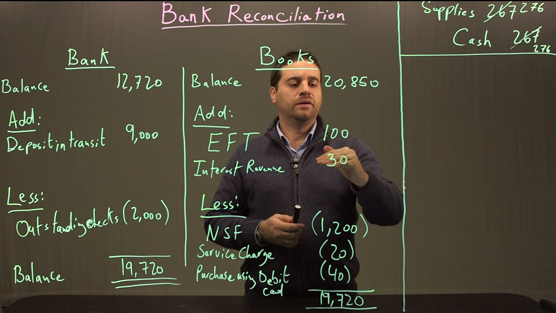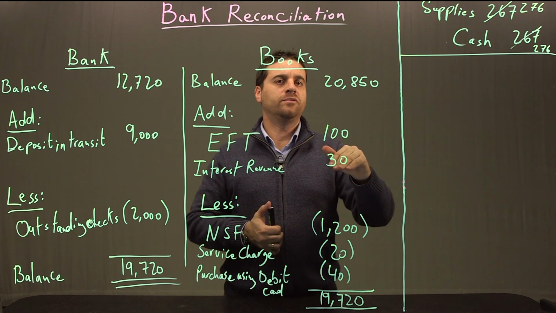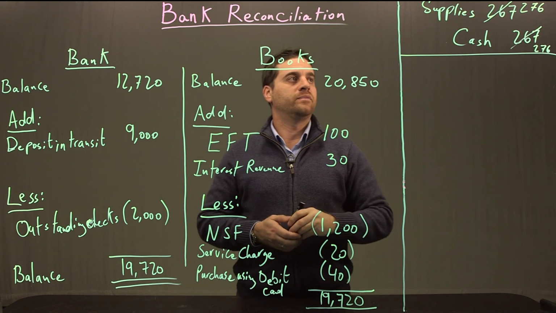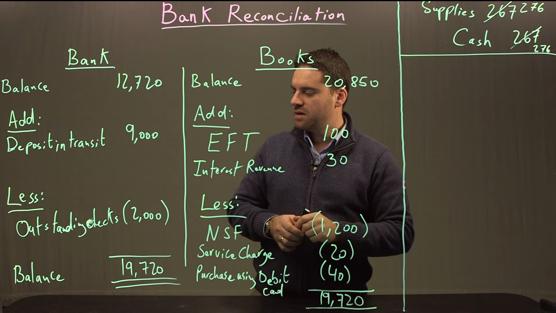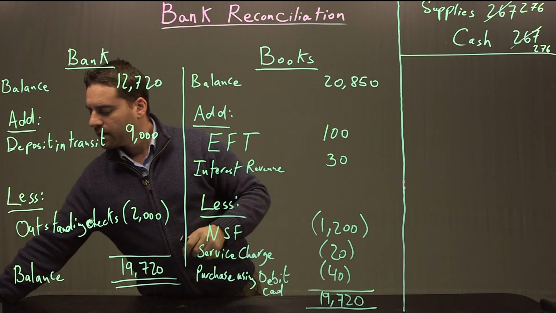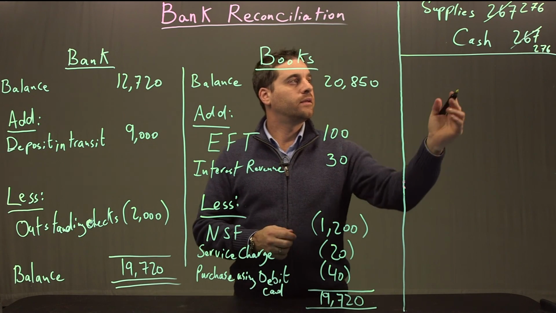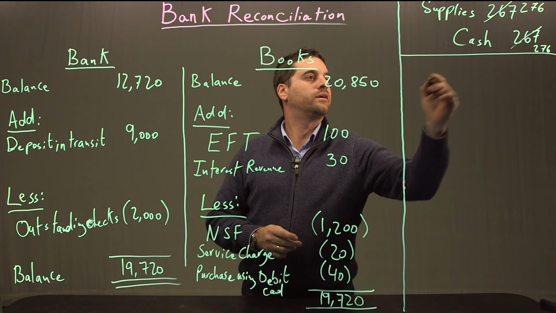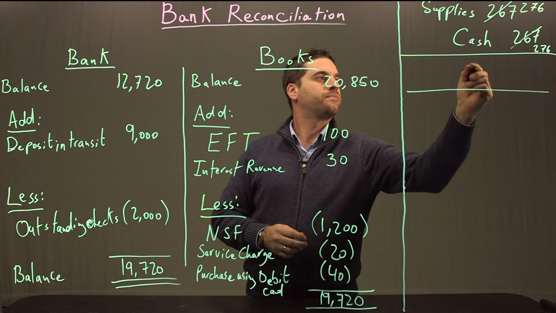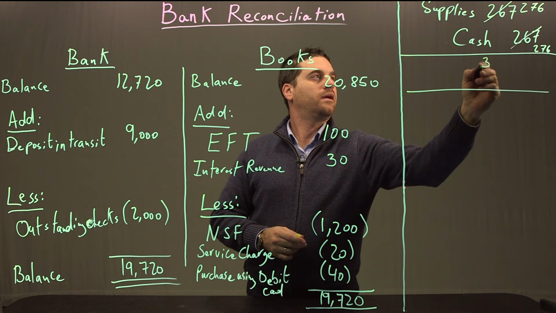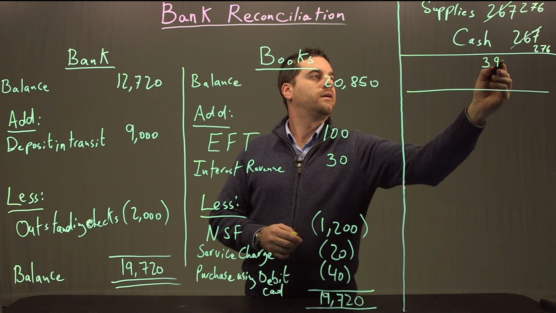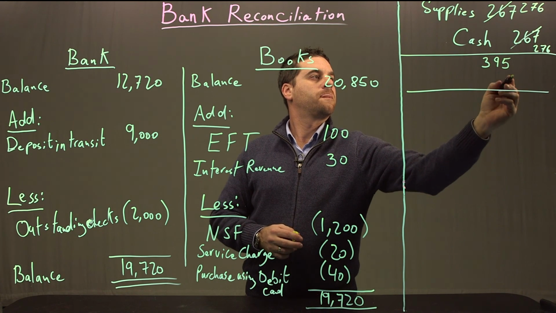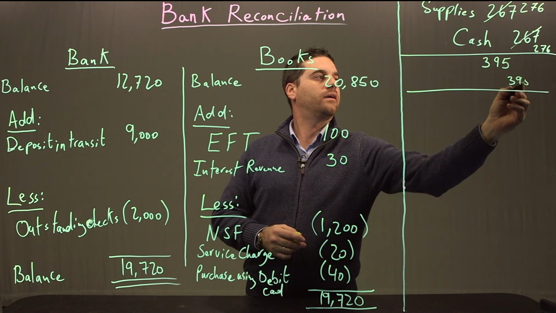All right? And that example might be instead of adding, we might need to subtract. Let me give you a different example. So let me change the numbers. Instead of 267, let's make it 395.